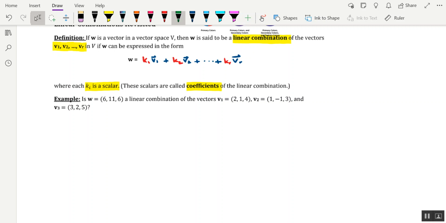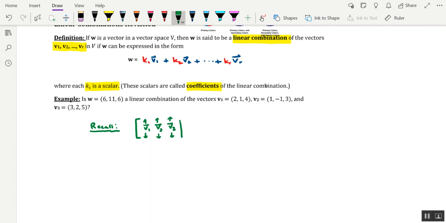I want to do a quick recall before we get to the official solution. Back when we were working with linear combinations and trying to find these scalars, which are also called coefficients, I told you that you could populate an augmented matrix with the components of all the vectors involved. In the first column, we populate with the components of v1. The second column, the components of v2. And then the third column, the components of v3.